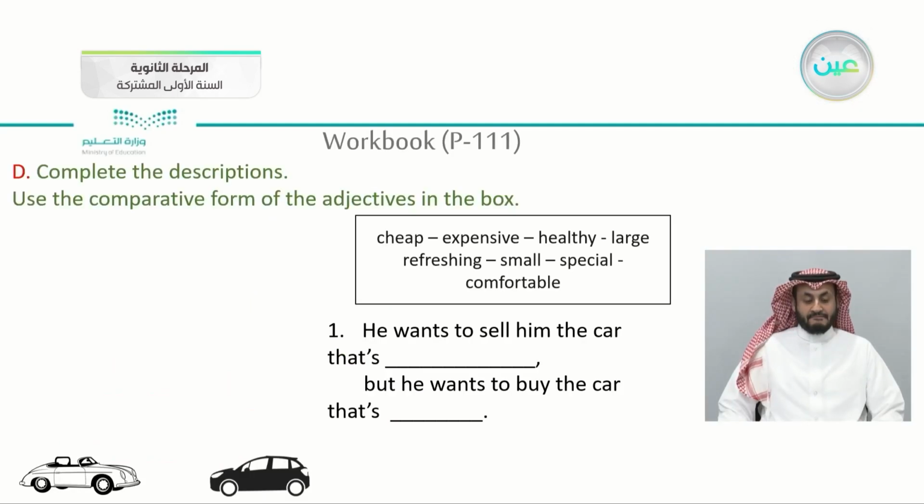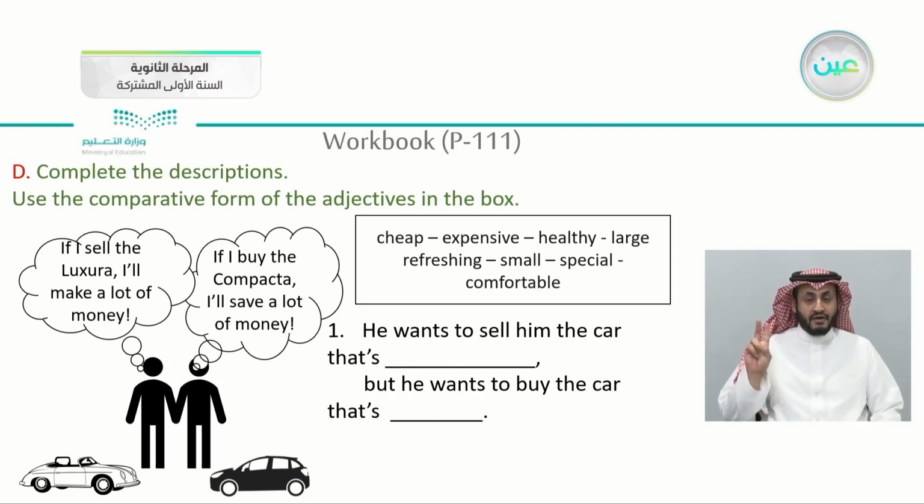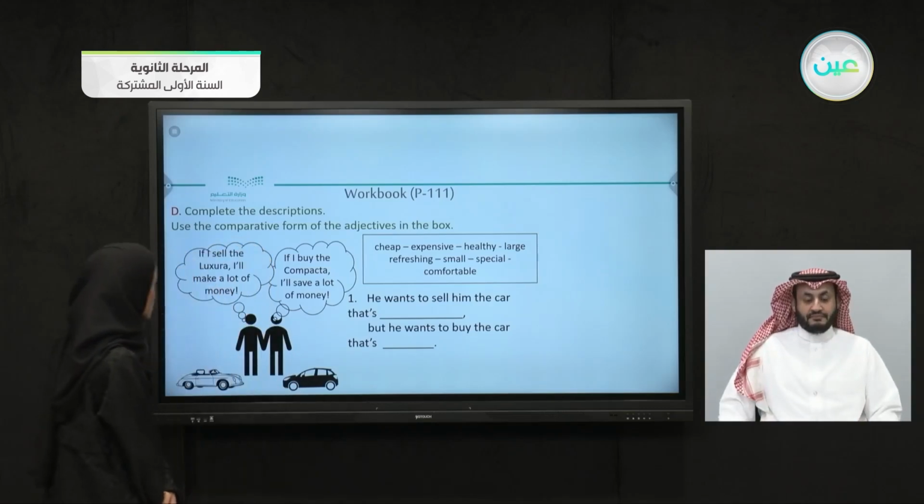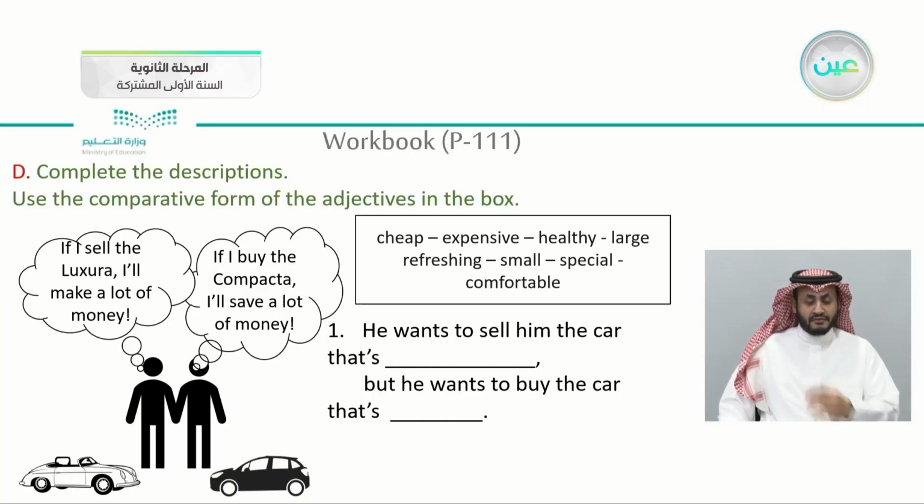Okay, let's check now your workbooks on page 111 here. Exercise D. Complete the descriptions. Use the comparative form of the adjectives in the box. So we will choose the adjective, then come up with the comparative form of the adjective. Here, let's read the situation. If I sell the luxury car, I will make a lot of money.